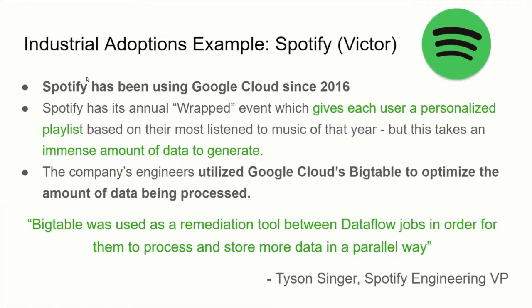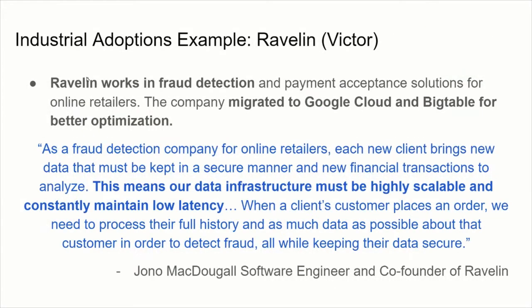Now, those kinds of advantages for how Bigtable was utilized can also be seen with fraud detection companies like Ravelin. Now, understanding how fraud detection works gets a bit more complicated. But what's most important here is that in order for fraud detection to work in a system, you have to keep track of every client's transaction history.